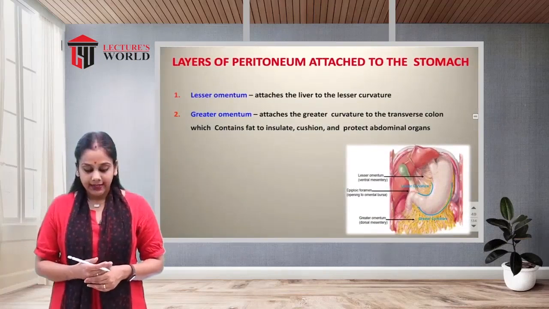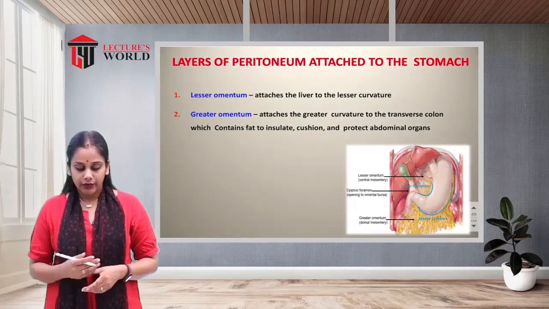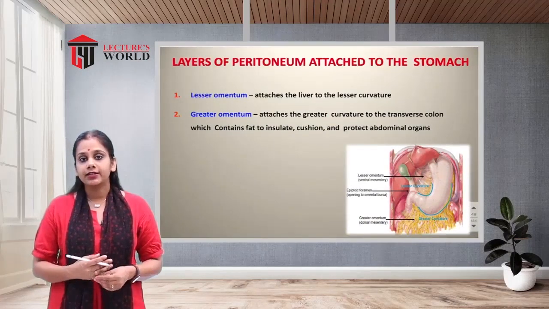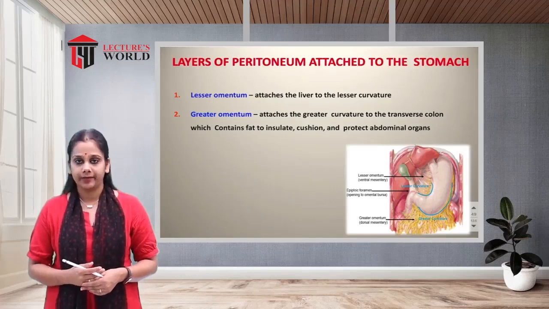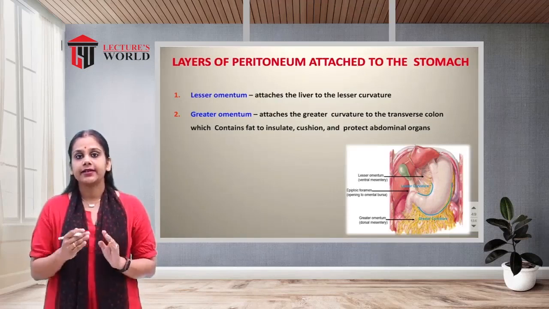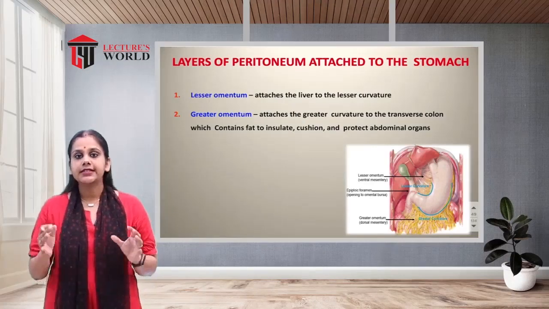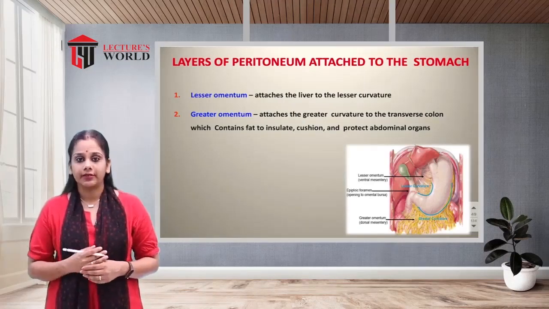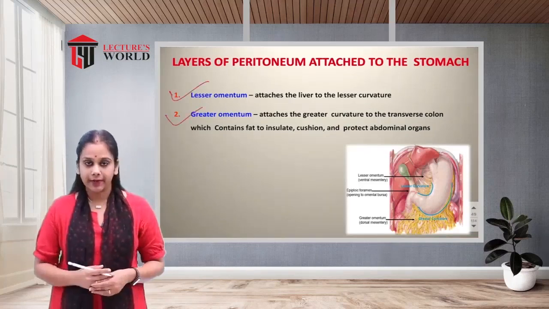Now we will see the double layer of the peritoneum that attaches to the stomach, which is called the omentum. It attaches to the abdominal wall and the organs. There are two omentums: the lesser omentum and the greater omentum.